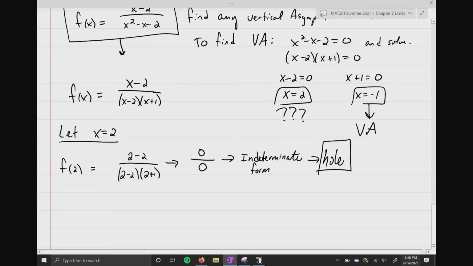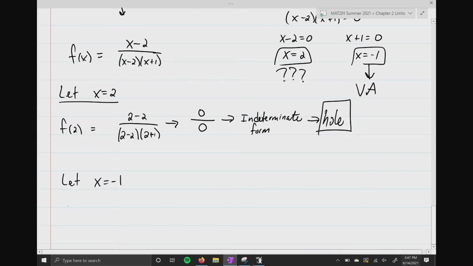Now, what about x equals -1? Well, if I let x equal -1, and I evaluate my function again, I'm going to get -1 minus 2 all over -1 minus 2 times -1 plus 1. Now, the difference here is in the numerator, I actually get a -3 divided by 0.